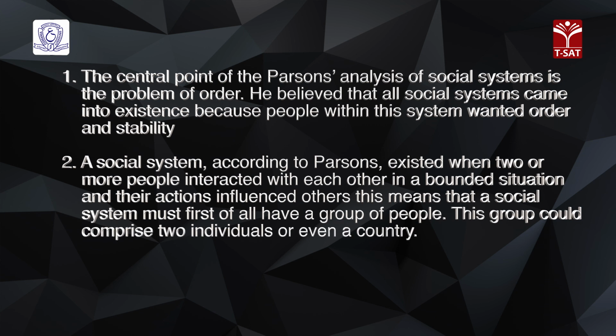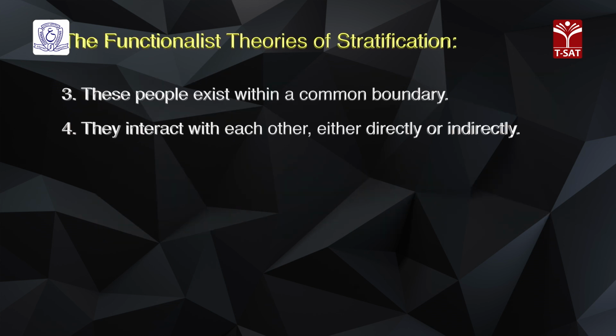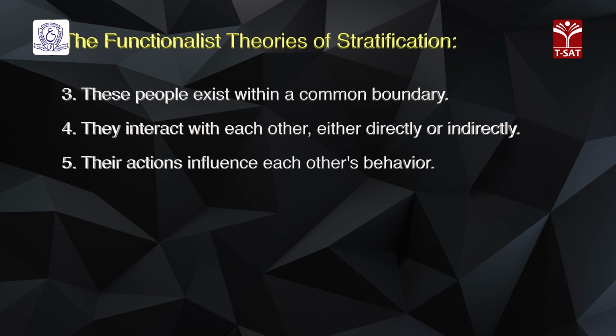This means that a social system must first of all have a group of people. This group could comprise two individuals or even a country. These people exist within a common boundary. They interact with each other either directly or indirectly, and their actions influence each other's behaviors.